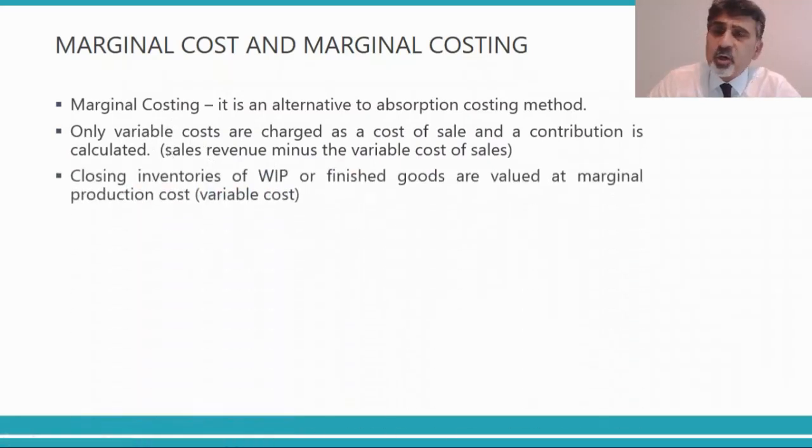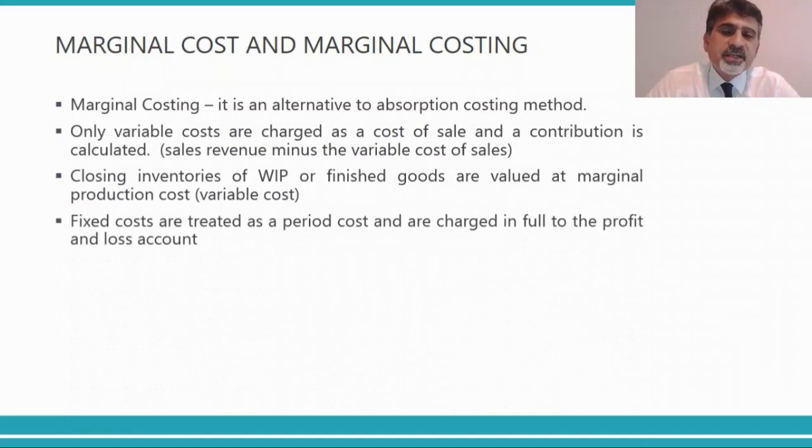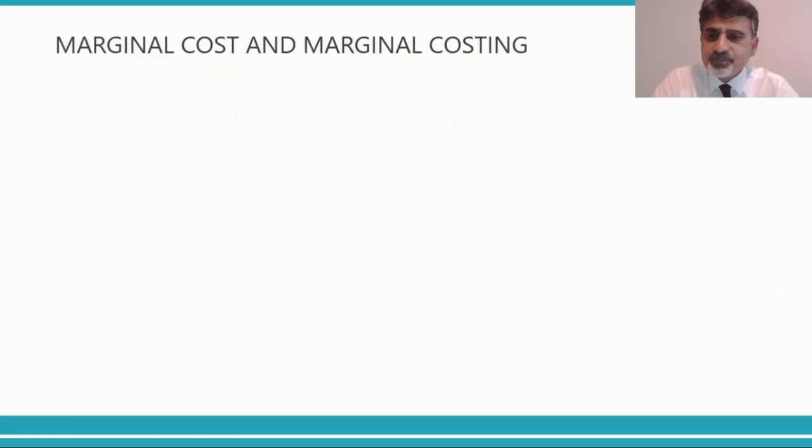Closing inventories, work in process or finished goods, are valued at marginal production cost, which means variable production cost, the three cost elements. Fixed costs are treated as a period cost and are charged in full to the profit and loss account. Fixed cost we do not add into the unit of output; we consider it a period cost. I'm going to explain this also in the next slide. Here I'm just showing you the summary, so don't be scared. We are going to discuss these things in detail.